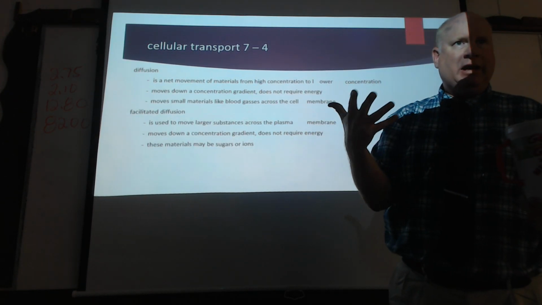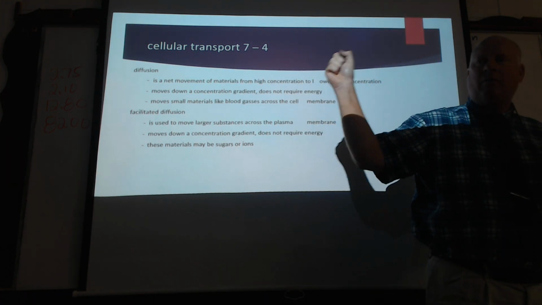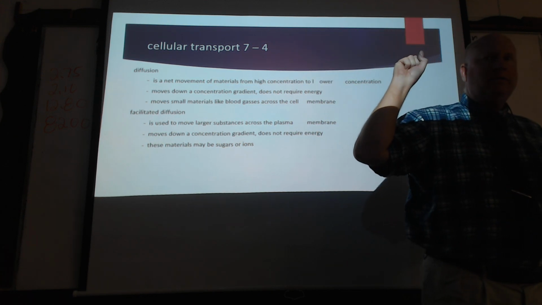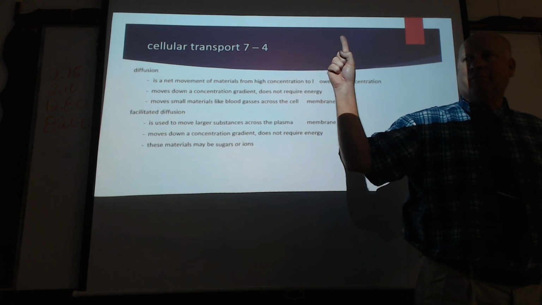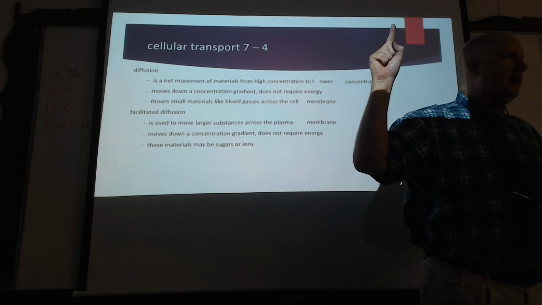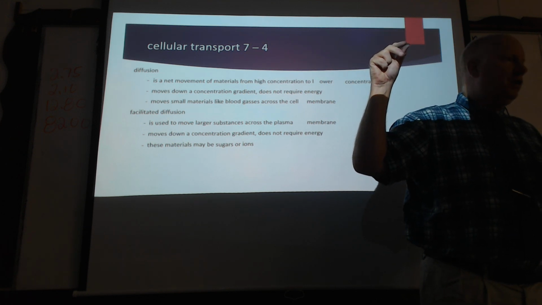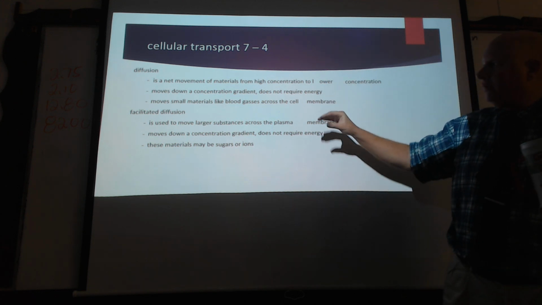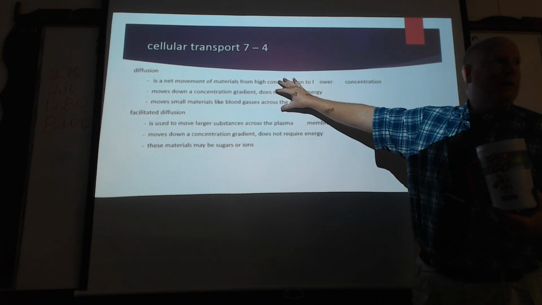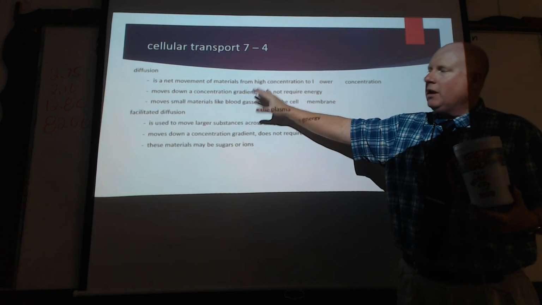So as we breathe, what are two gases we're talking about with blood gases? Maybe we talked about one of them already. Oxygen is a blood gas. No, we don't run on hydrogen. But what do we exhale? Carbon dioxide. Those blood gases, they're really, really simple and they're really, really small. So these materials move in and out really, really easily because the nature of the size is just so small.